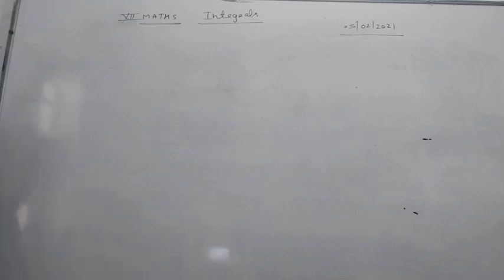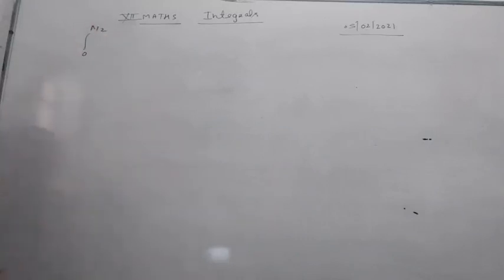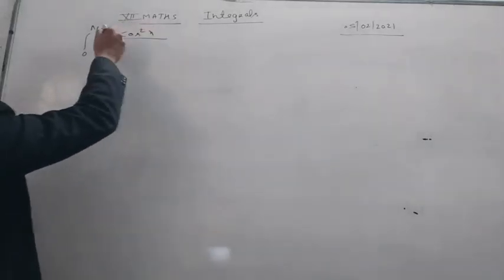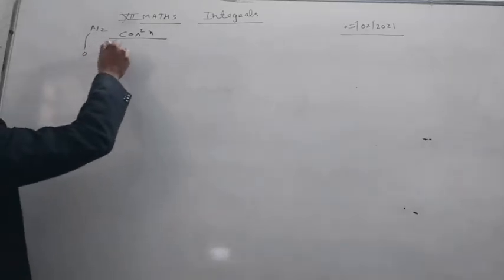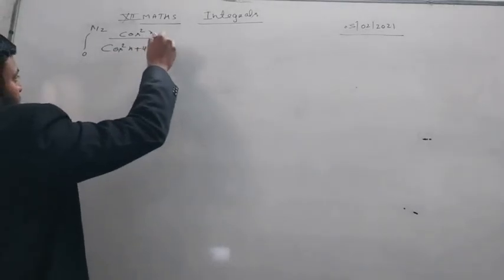Our next question, students: find the integral from 0 to pi by 2 of cos square x by cos square x plus 4 sin square x dx.